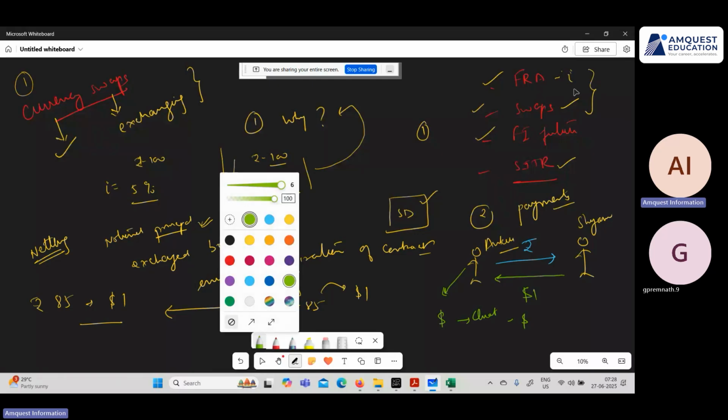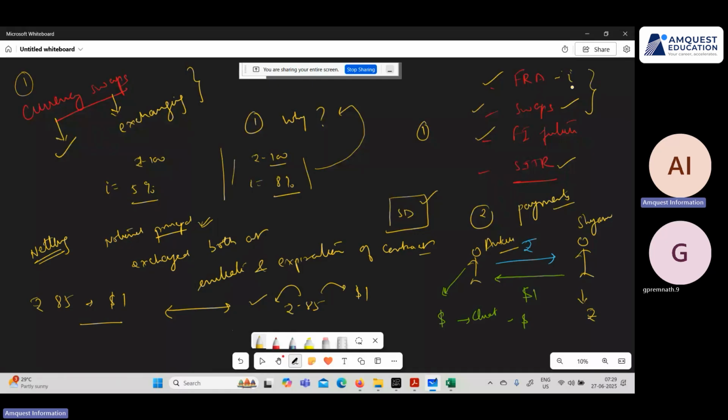Since this person has got rupees in hand, he will be making payments in rupees, quarterly payments. And at the end again, we will exchange the notional principal.